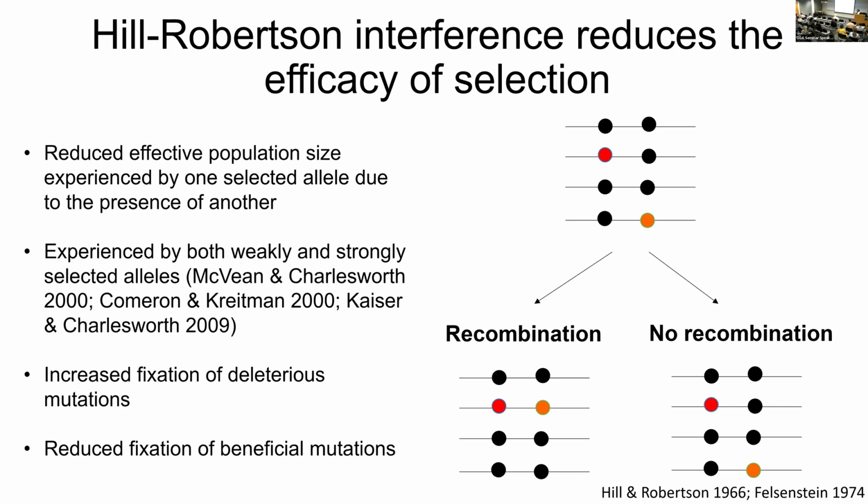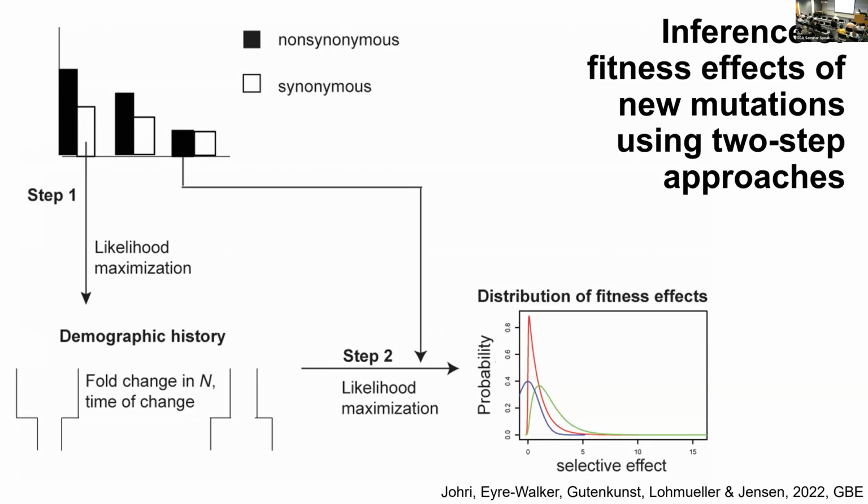Currently, all methods that estimate selection coefficients from populations make the assumption that all sites are evolving independently of each other. This is how we perform inference of the fitness effects of new mutations. Right now, people use a two-step approach where they use variation from synonymous sites, which is your null model, to estimate a population history.